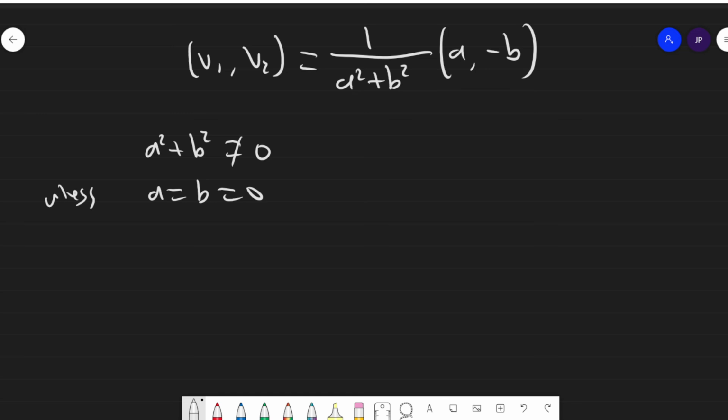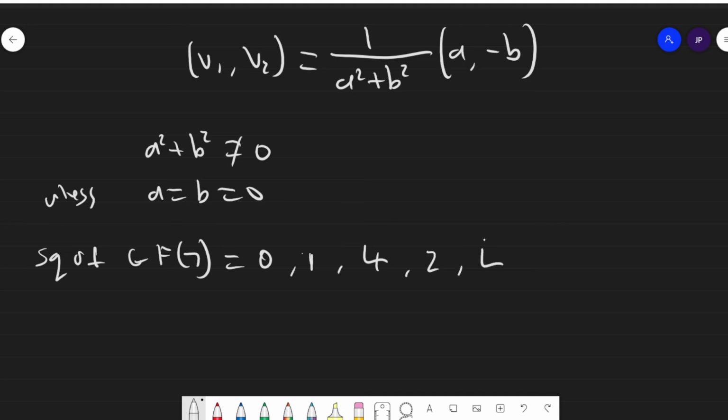So what we're going to do is take the squares of Galois field 7. The square of 0 is 0, the square of 1 is 1, the square of 2 is 4, the square of 4 is 2, the square of 5 will eventually give me 4 again, and the square of 6 will give me 1.